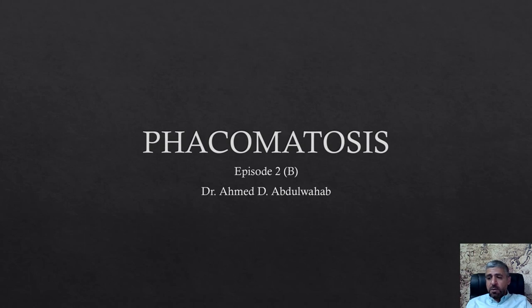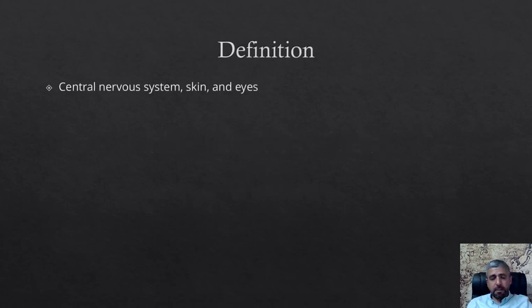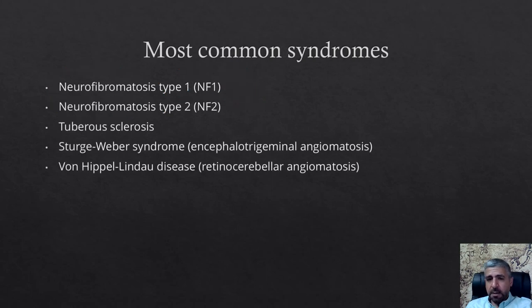Before we go into the other episodes, we will have a quick reminder about the phacomatosis. As we said, the phacomatosis are basically diseases or syndromes that involve the central nervous system, the skin and eyes. There are many syndromes that are phacomatosis.